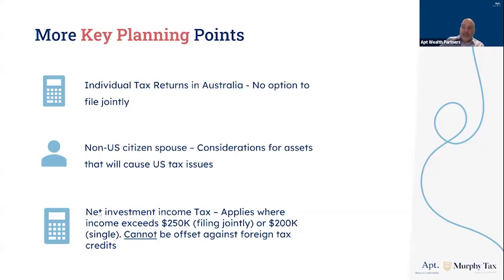Brad alluded to the net investment income tax, or NIIT, which is a US tax term, and it applies to any realized capital gains and income over certain thresholds. So for a couple married filing jointly, it's 250,000, where your income exceeds that level, and for an individual filing individually, it's 200,000.